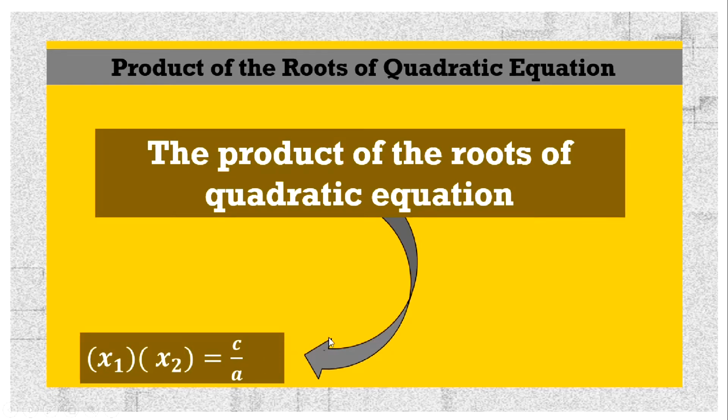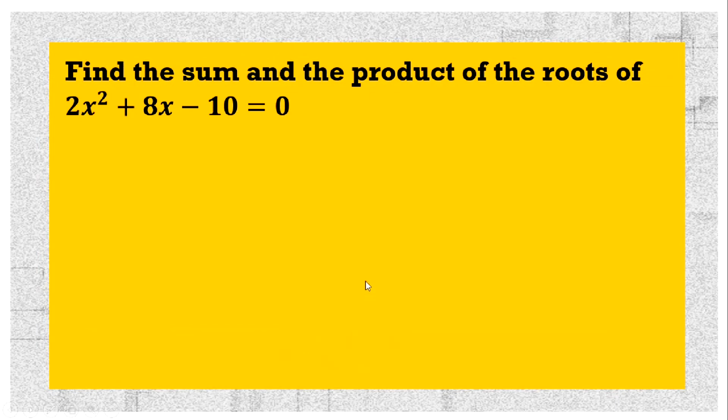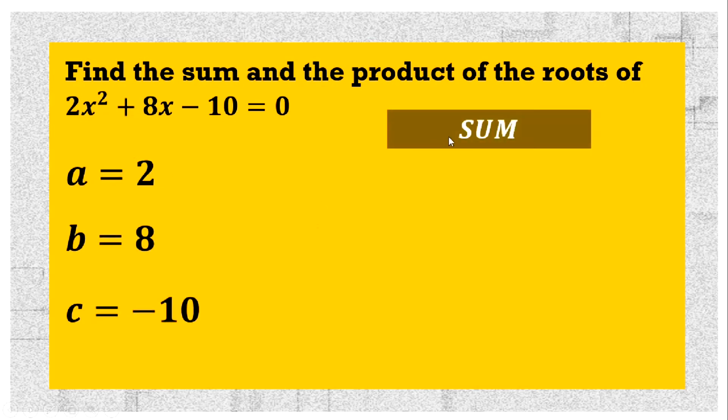So, paano ba siya gagamitin? Let's have an example. Find the sum and the product of the roots of 2x squared plus 8x minus 10 equals 0. Okay, so first step to find the values of a, b, and c. A is 2, b is 8, and c is negative 10. So, let us find the sum of the roots.